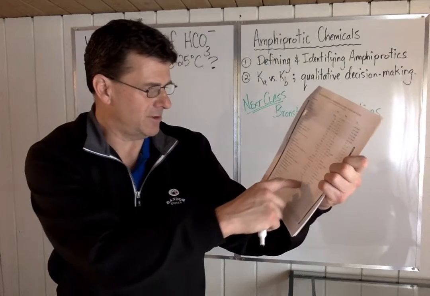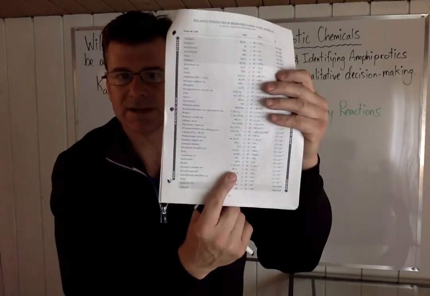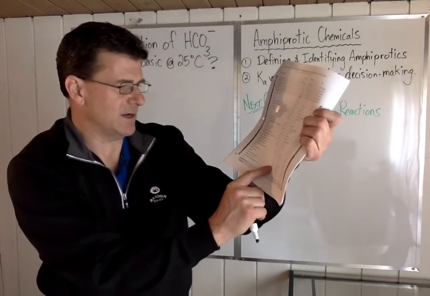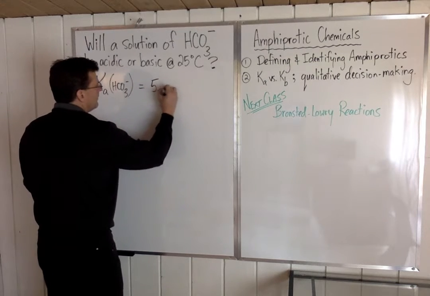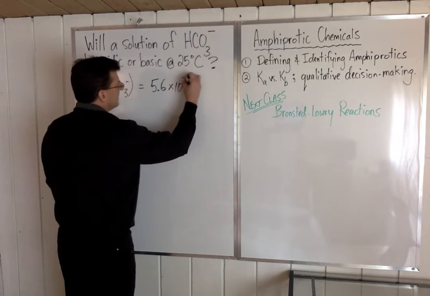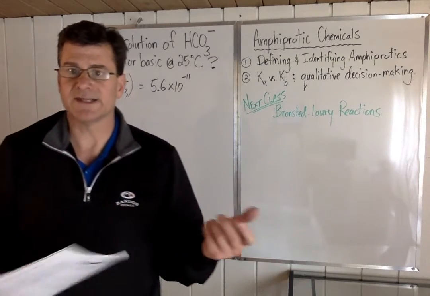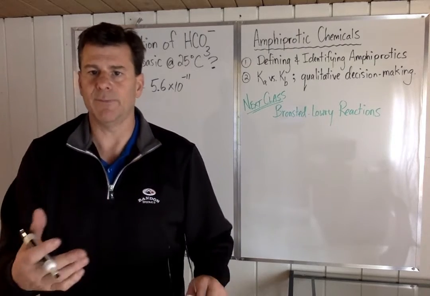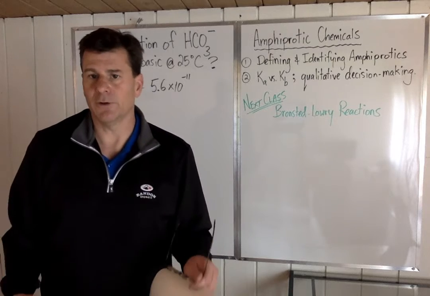So you go down, you go down, you go down, and you find it's pretty low. So I'm going to guess this thing has trouble being an acid. So HCO3 minus as an acid is right down there. Ka is 5.6 times 10 to the negative 11 at 25 degrees, and that's what I asked. So that's its Ka. That gives you a relative sense of how well it makes the products of it being an acid. Then you want to know what its Kb is.